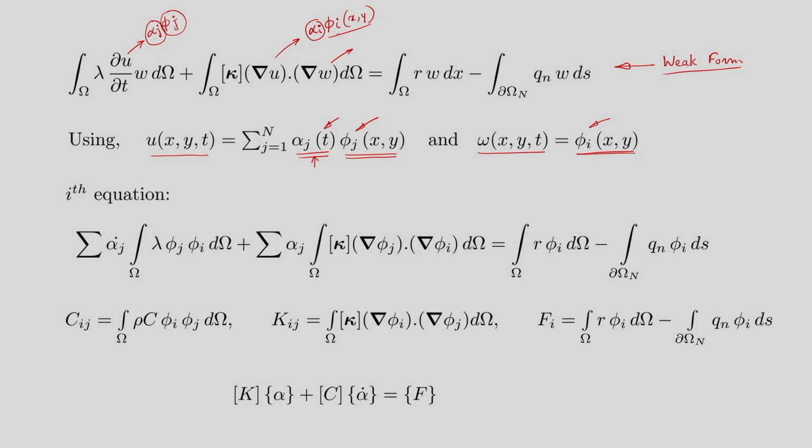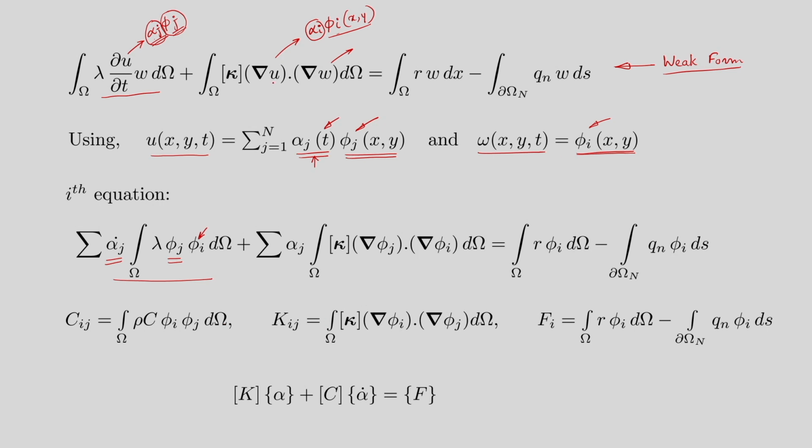So, we will get alpha dot phi j, and since alpha is only a function of time, it has nothing to do with the integration over the spatial domain. So, we will write alpha j dot phi j. So, that is obtained from the del u del t, alright, and w has been substituted with phi i. So, this is the first term, while substituting u as alpha j phi j and w as phi i.